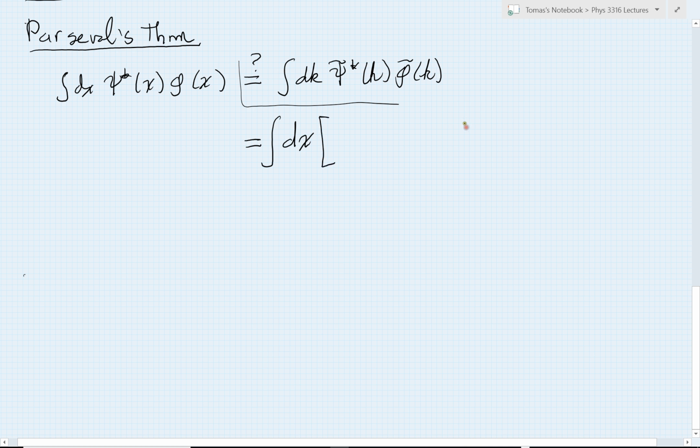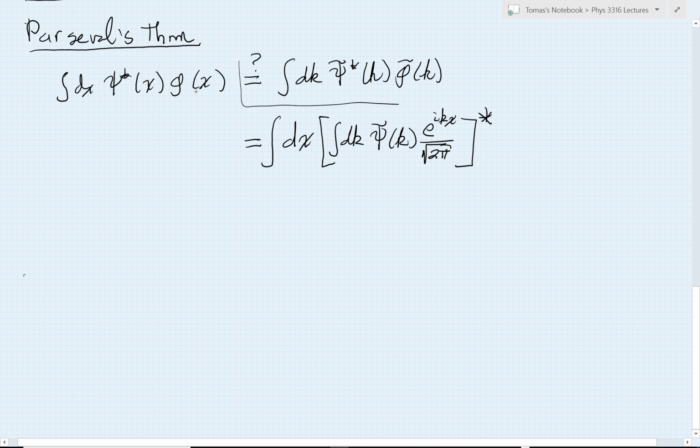I'm going to insert in these square brackets my expression for psi of x. And psi of x I know is just the Fourier transform of psi tilde. So it will be the integral over dk of psi tilde of k times the properly normalized pure state of momentum, e to the ikx over square root of 2 pi. So that will give me psi of x.